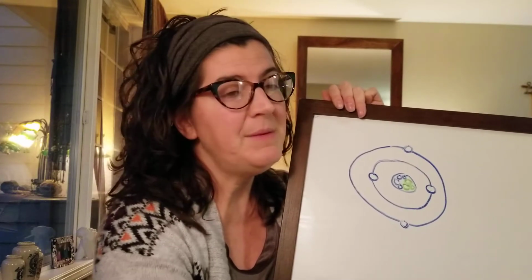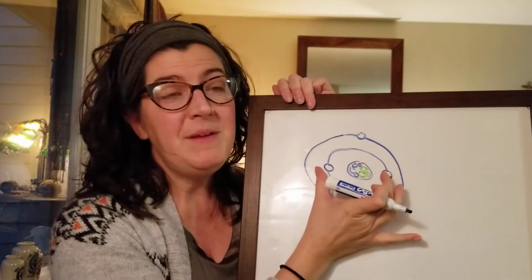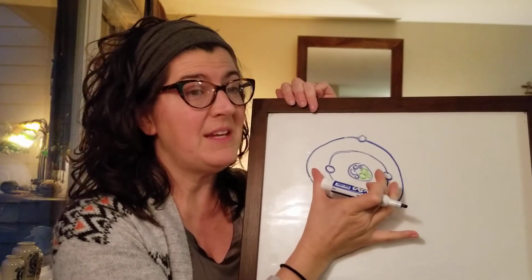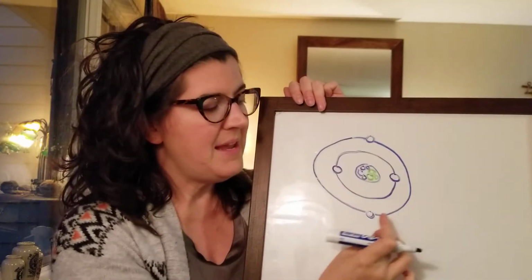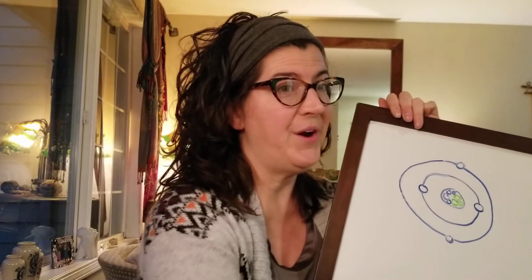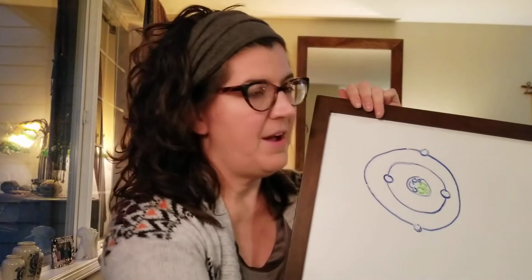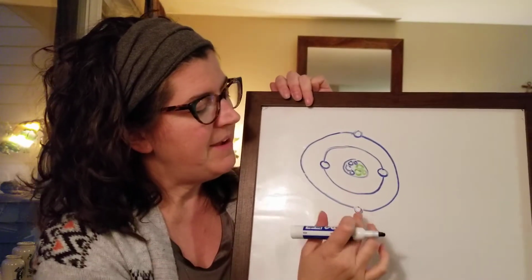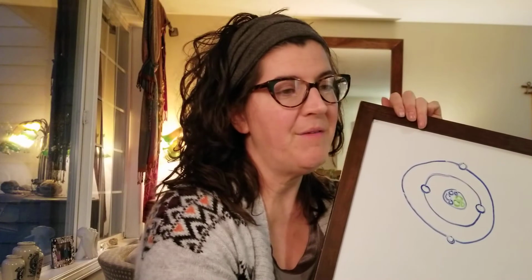So if it had only been 2 in just this first ring, then it would be full and complete, and it would be really solid and strong. With this one not being complete, because it can hold, I believe, 4, then 4 electrons. If it's not complete, it's not as stable, and definitely not as powerful.